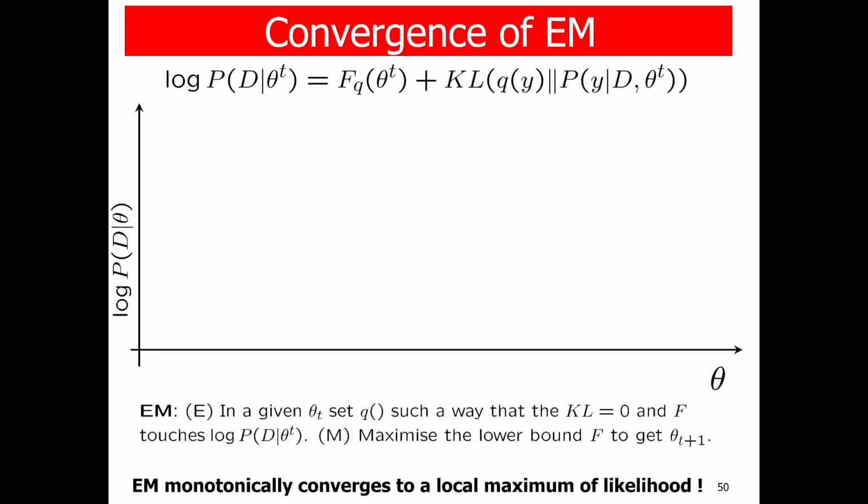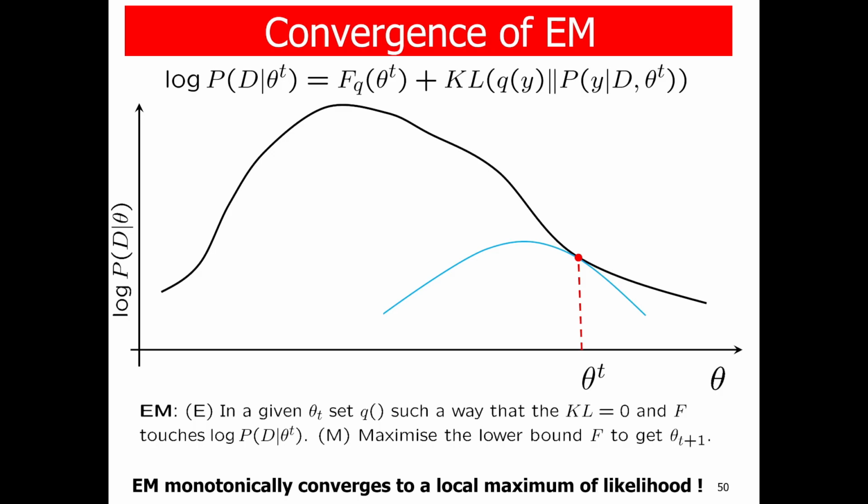Let's summarize what we discussed so far. For any theta t and distribution q, the log likelihood function at theta t can be decomposed as a sum of this free energy function and this Kullback-Leibler divergence term. In the E step, we set distribution q to the conditional distribution of y given the data D and the parameters theta at iteration t.